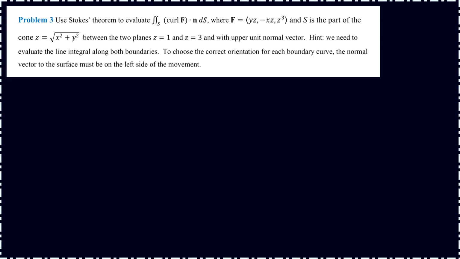All right, so here we have a cone between z equal to 1 and z equal to 3. Let's say this is the circle of intersection when z is equal to 3.